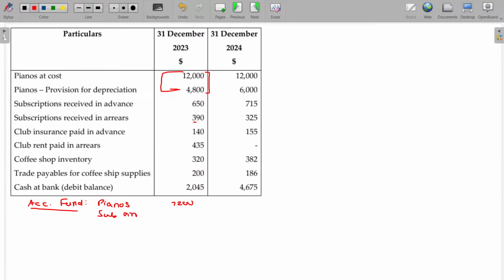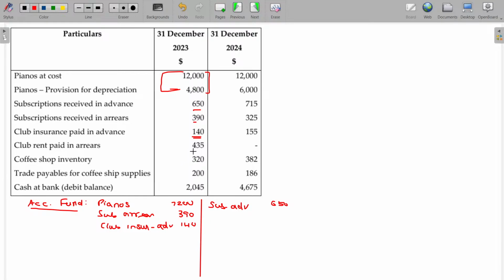subscription arrears 390, and subscription in advance will be your liability. Club insurance paid in advance: if expenses are paid in advance, then it is an asset. This is an asset, 140.